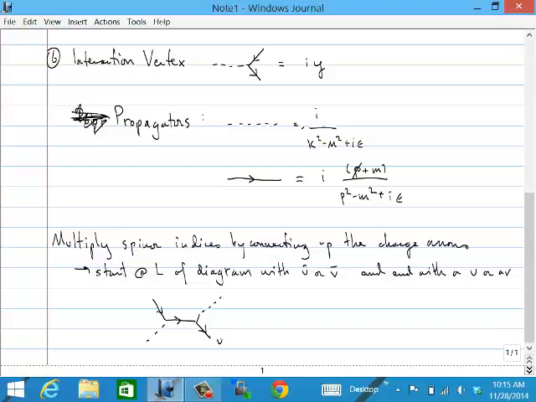So you would get a U-bar over here and a U over here, and then there would be a contribution that looks like a U-bar times a propagator times a U. This U-bar would be a U-bar of some momentum. This propagator would have some momentum associated with it. There would be some U's here, and then there would be a couple of interaction vertices. Okay, so hopefully that makes it clear exactly what we're talking about.